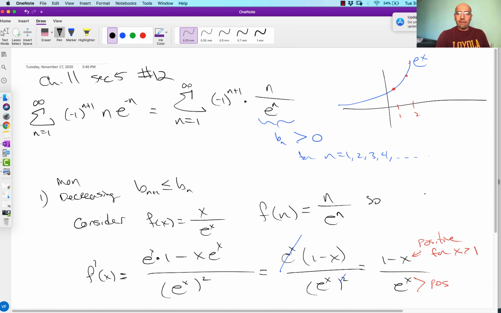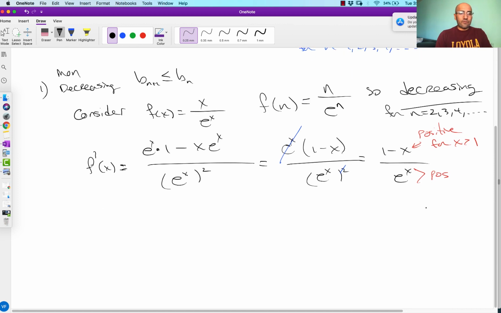So we've established that our sequence is decreasing, for n strictly greater than 1. So for n equals 2 or 3 or 4, we've shown it's decreasing.